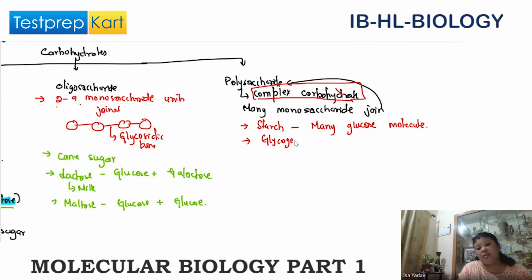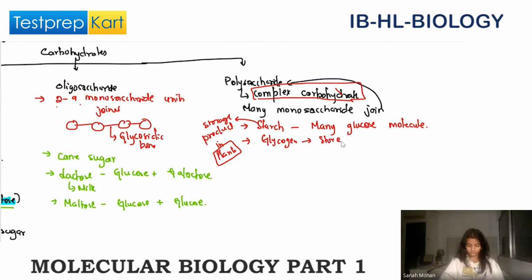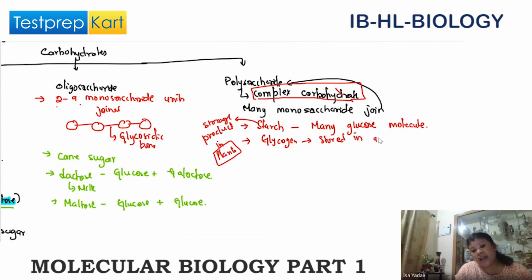Starch and glycogen. Starch is the storage product in plants. The carbohydrate is stored in the form of starch in plants only. Glycogen is the carbohydrate which is stored in animals.